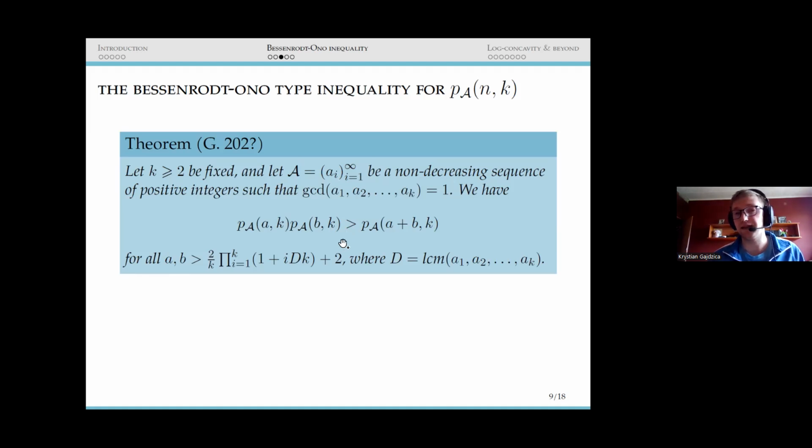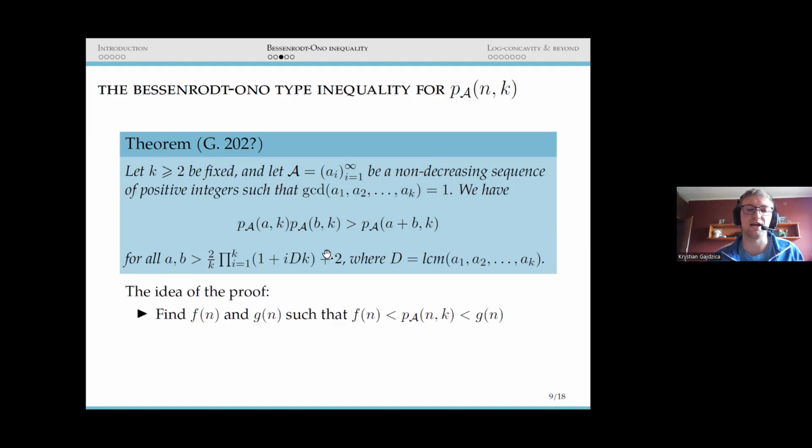So what about the idea of my proof? The idea is quite simple. Because in many cases the restricted partition function is a very complicated function. The explicit formula for the restricted partition function is complicated. It is much more convenient to find, let us say, functions f and g such that f is strictly smaller than p_A(n,k), and g is strictly larger than p_A(n,k).